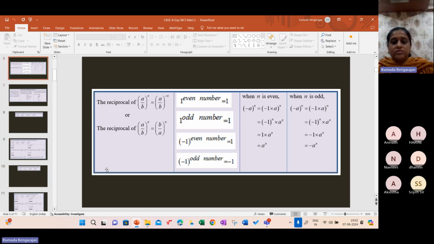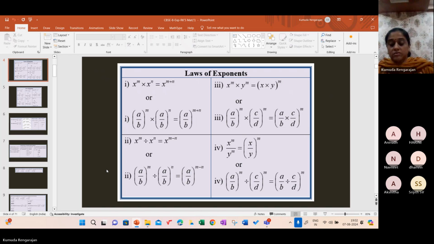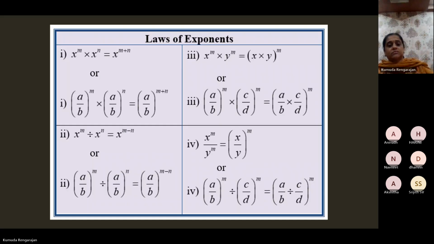Just have a look at these rules. When bases are the same and it's multiplication, we add the powers.